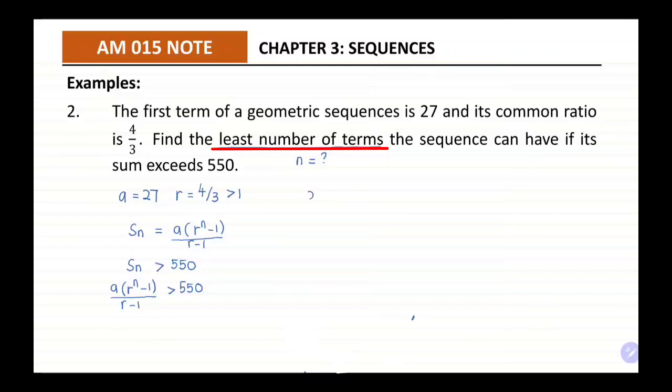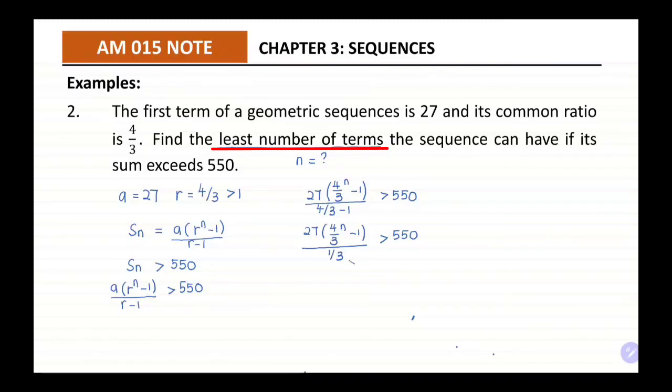So a is 27, 4 over 3 power of n minus 1, divided by 4 over 3 minus 1, greater than 550. Then we solve: 27 times 4 over 3 power of n minus 1, divided by 1 over 3, greater than 550.